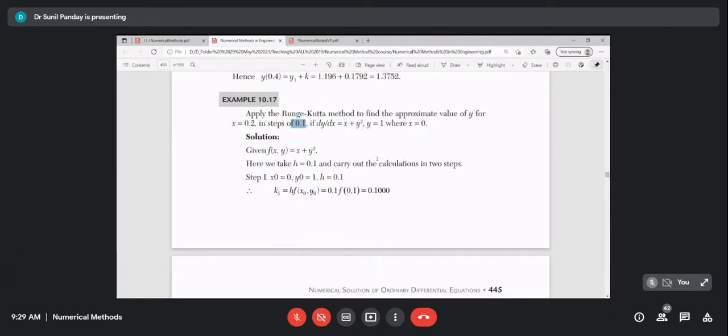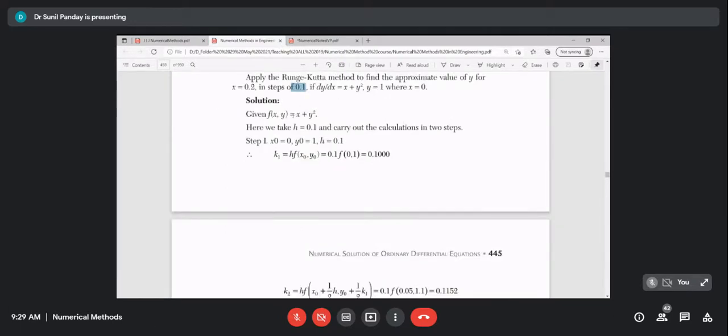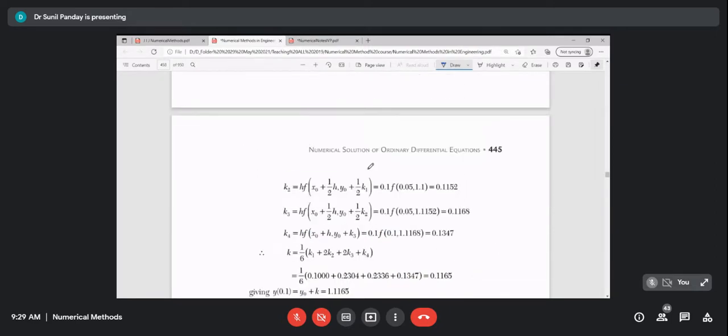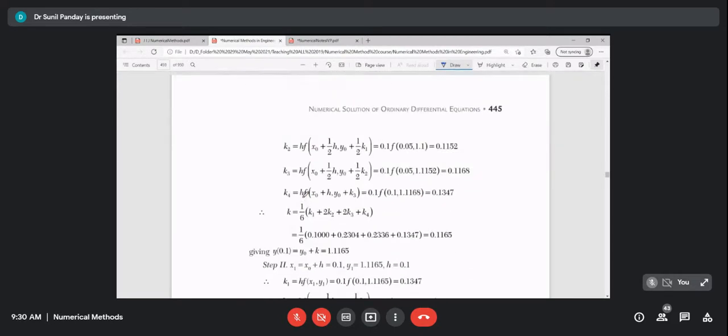This is f of x y, x plus y square. This is h equals 0.1, and this information is also given: y at 0 is 1, so x naught is 0, y naught is 1, h is this one. Then you start calculating k1, k2, k3, k4.